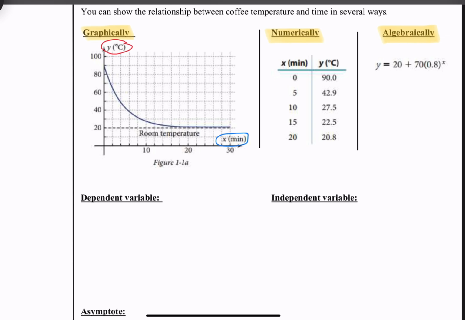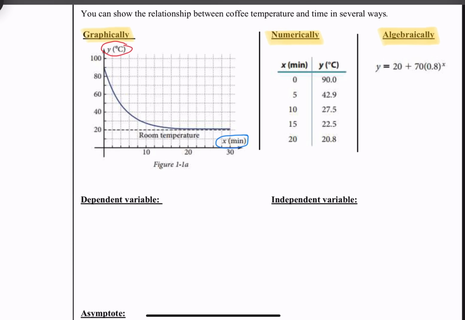So our independent variable here is like our inputs, and our dependent variable is always dependent on those inputs. And because usually when we're dealing with functions, we think about inputs before we think about outputs, I'm going to define the independent variable first. So again, the independent variable, these are really just your inputs.